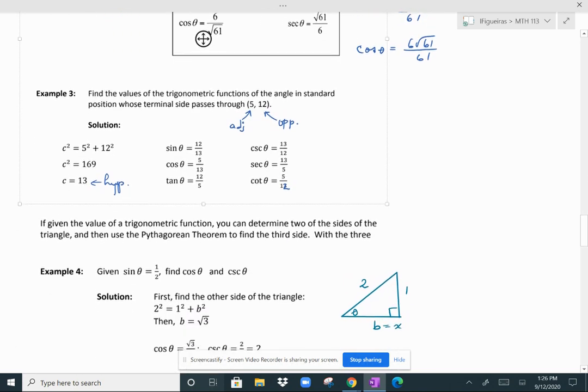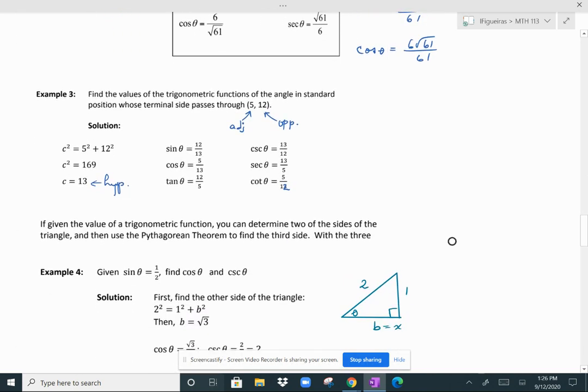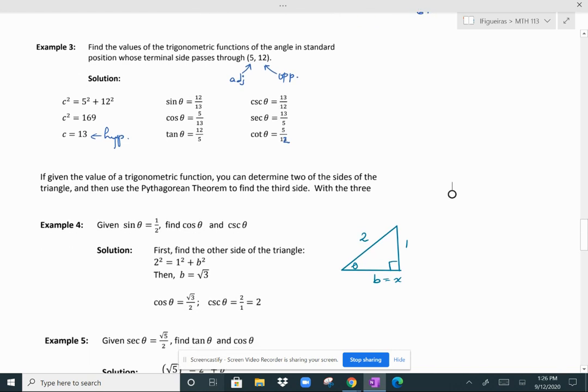All right, so if given the value of a trigonometric function, you can determine 2 sides of the triangle and then use the Pythagorean theorem to find the third side. So this is more of the same but different information given. So suppose sine of theta equals a half. We want to find cosine of theta and cosecant of theta.